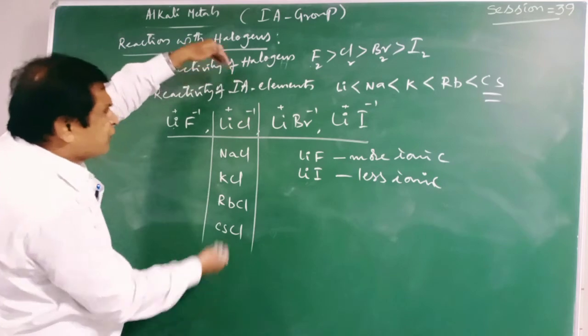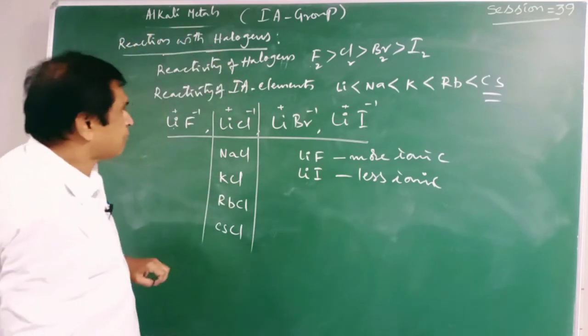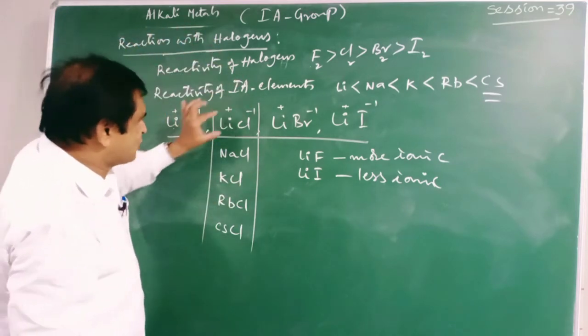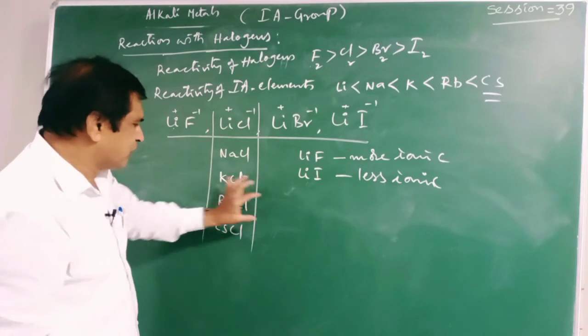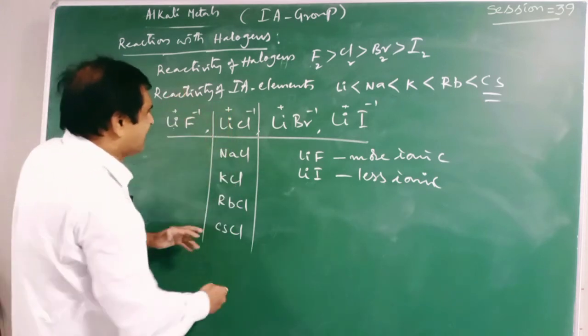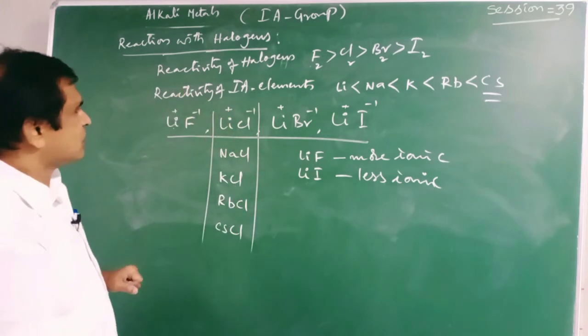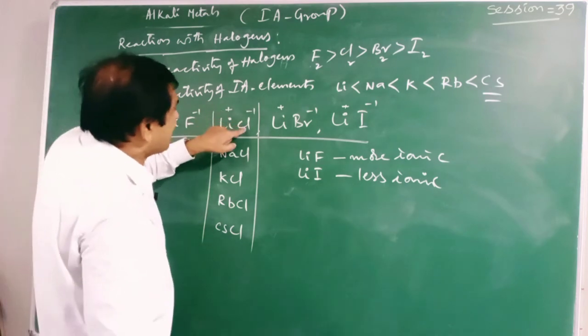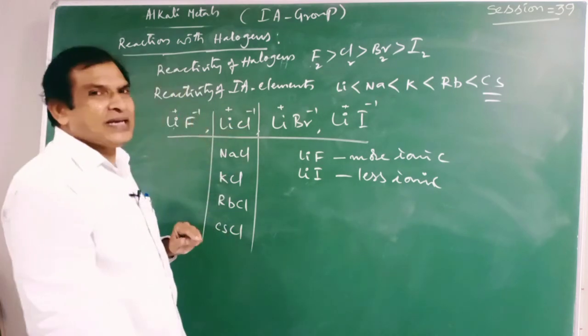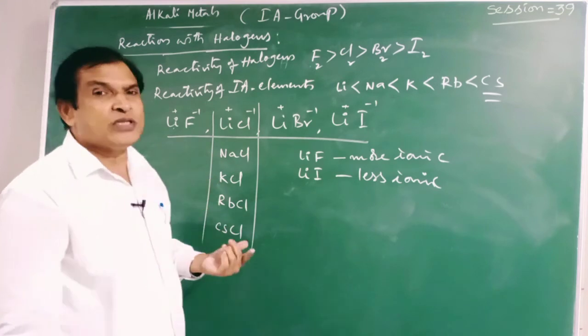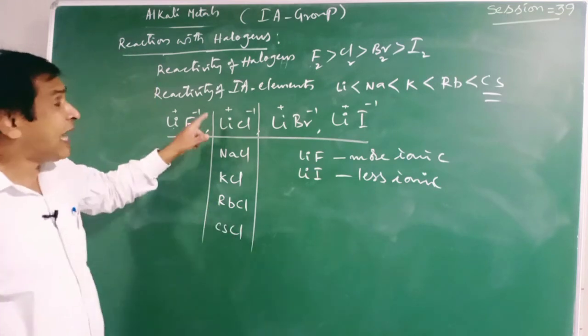Now in the group, if you take lithium chloride, sodium chloride, potassium chloride, rubidium chloride, cesium chloride, what happens among the halides? Here the anion is common, and the nature of the molecule is decided by the cation.